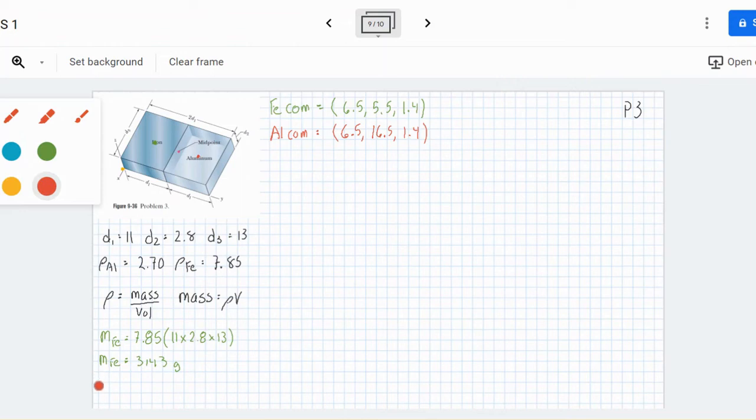So the same thing for aluminum. Its density is 2.7.